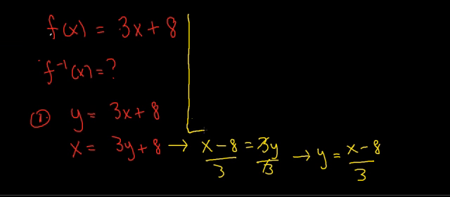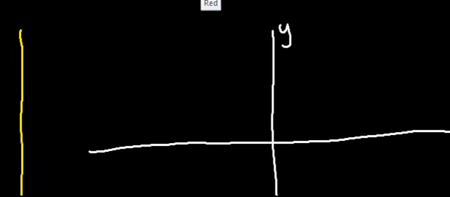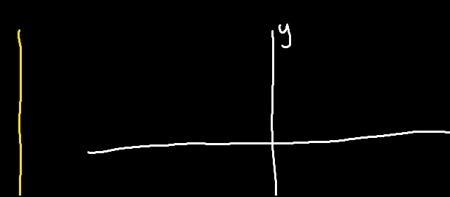I want to do something that I think is pretty interesting. I want to plot these two inverse functions on a graph. Here's my x-axis and here's my y-axis. So I'll first plot 3x plus 8 on the graph.